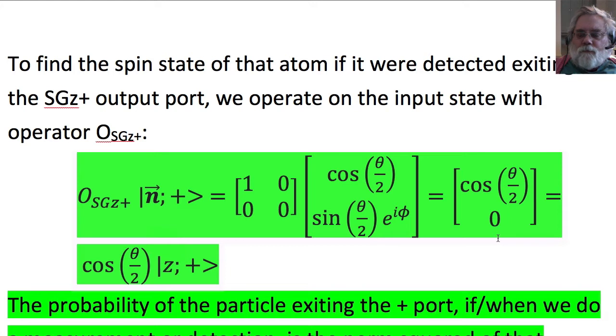We get the result cosine theta over 2, 0. This is not normalized. We did not take steps to normalize it, nor do we want to. What we're going to do is pull the cosine theta over 2 out, and we get that the output port is going to have a state of cosine theta over 2 times z plus. Ket z plus is normalized, but when we multiply it by this factor, the output state is not normalized.